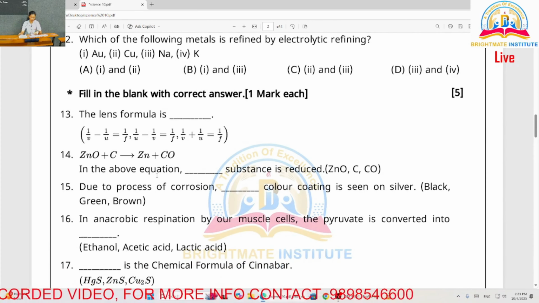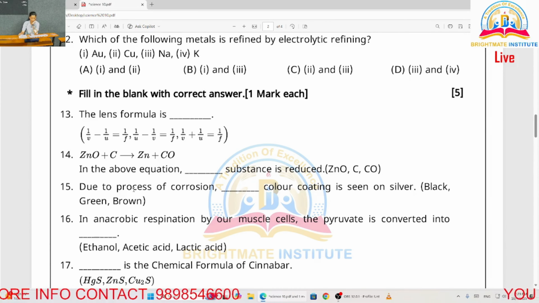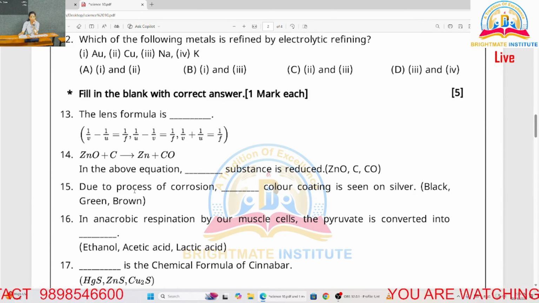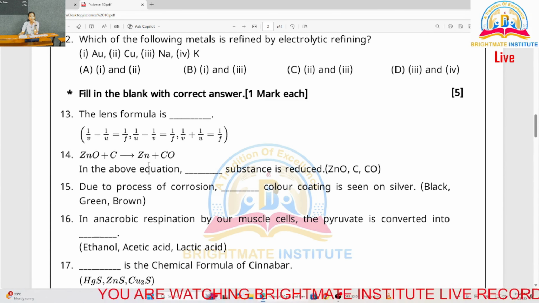Now the 14th one: ZnO plus C gives Zn plus CO. In the above equation, which substance is reduced? ZnO is reduced to Zn. You can see in the equation that in the reactant it is zinc oxide and on the product side it is only zinc. So zinc oxide is reduced to zinc.